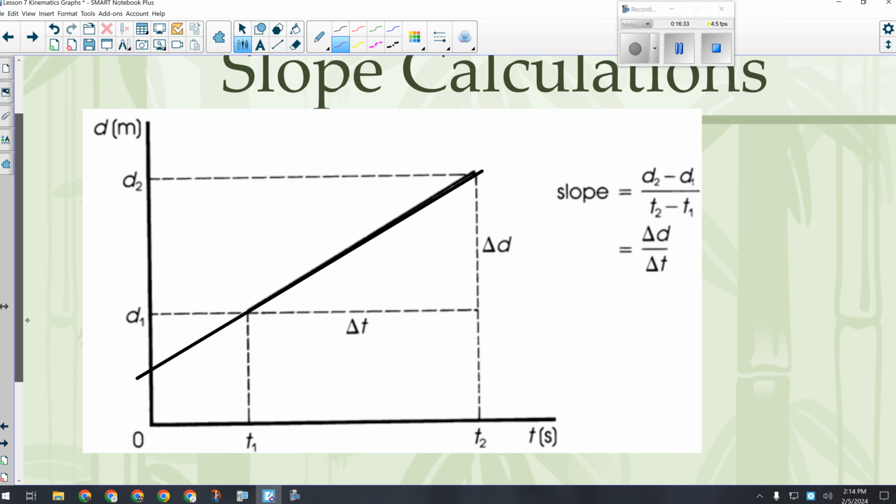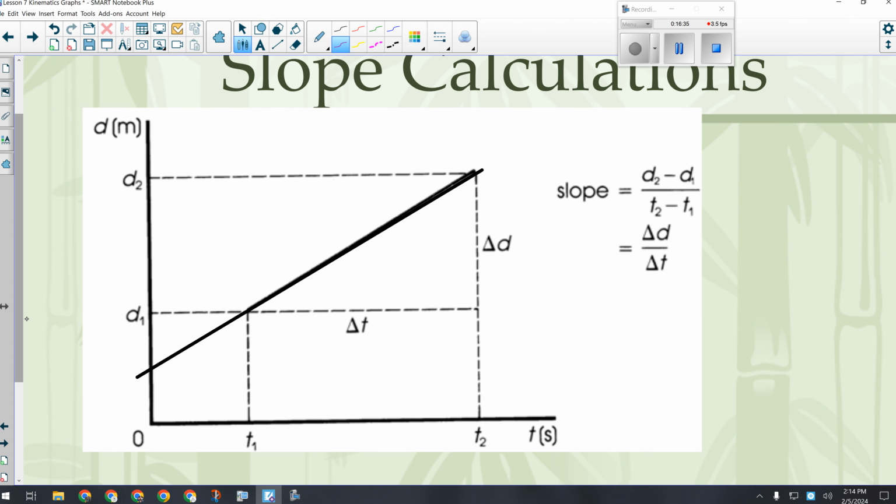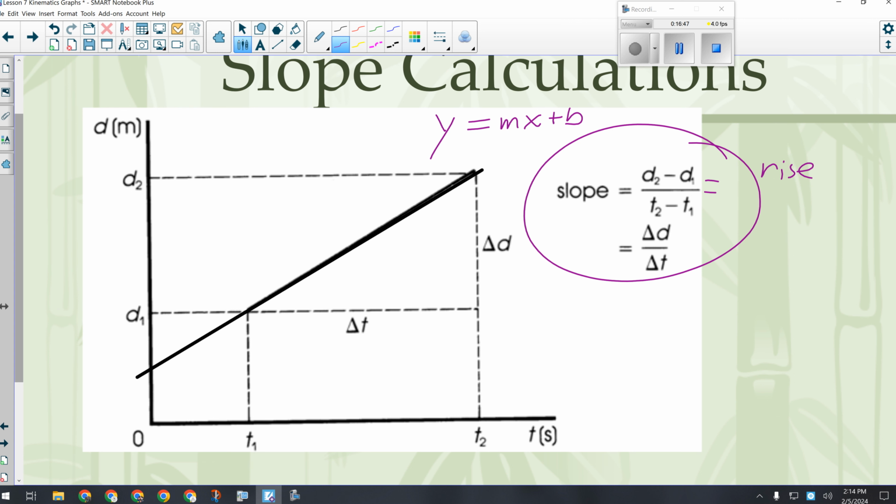Remember that when we calculate the slope, we are more than likely going to be doing this: y equals m times x plus b. That doesn't mean that this formula, which is essentially rise over run, is not valid. It is totally valid. It's just already taken care of with this formula.